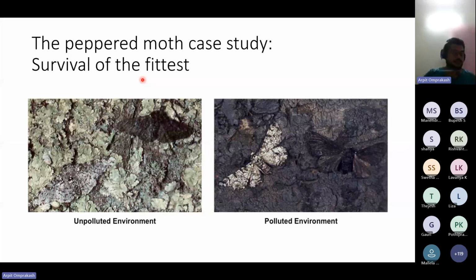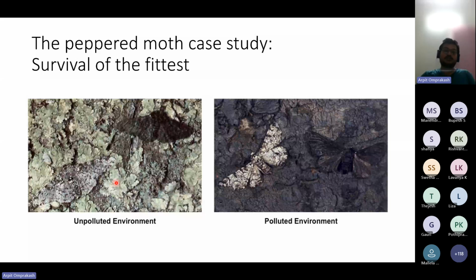Lichens tend to grow in places where there's less pollution. Since these lichens are white, the white colored individuals in the peppered moth population are not that easily seen in the background, whereas the dark moths are very easy to spot.